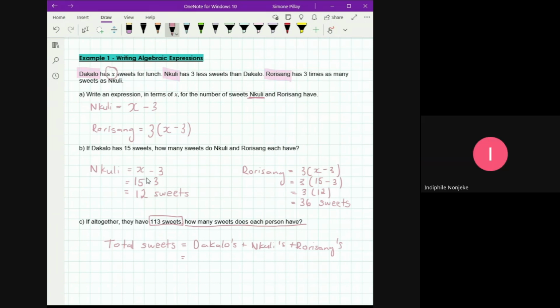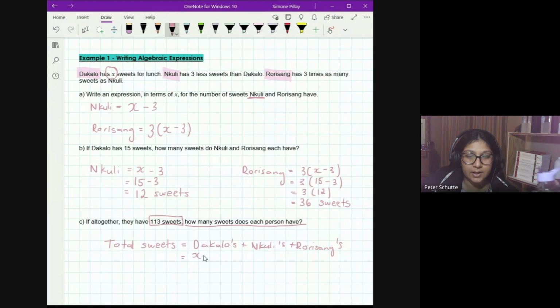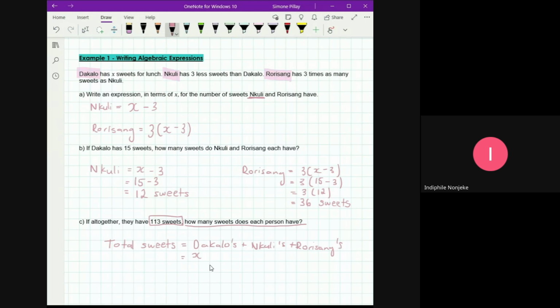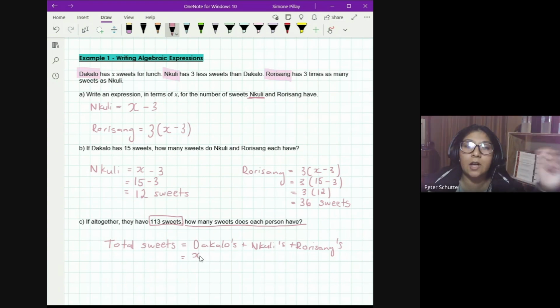It has x, ma'am. X sweets. Okay. And how many sweets does Nkuli have? She has 3 less than the Carlo's sweets, which means she has x minus 3 sweets. Right? So what I'm going to do here is I'm plussing, and think of it as substitution.